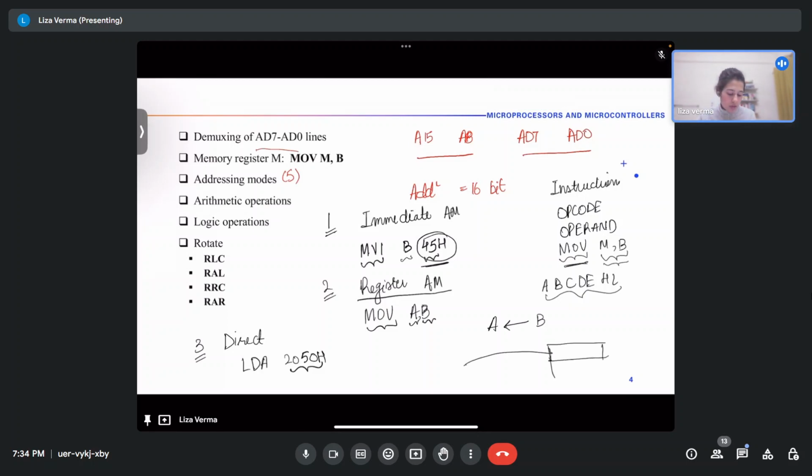Let's say this is the memory: 2050H, 2051H. The microprocessor has to go to 2050H, see what data is there, and load it to the accumulator. Understood?